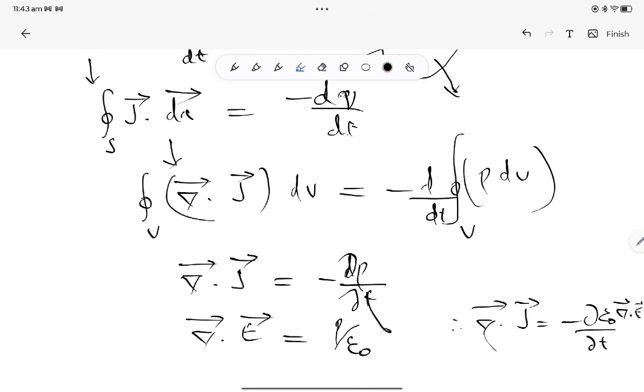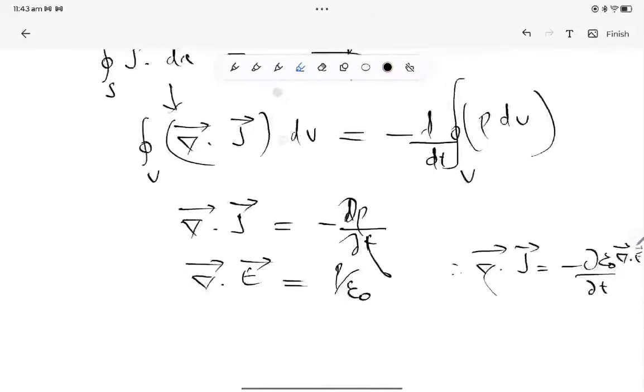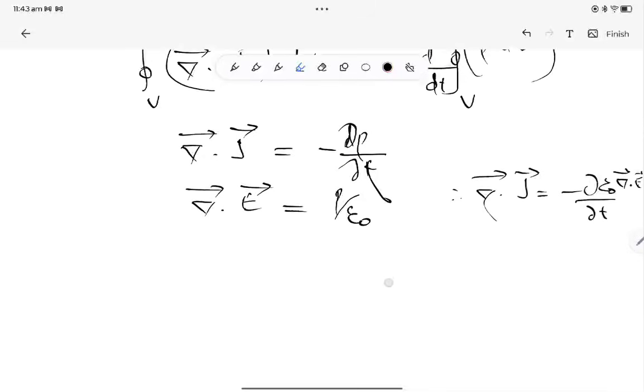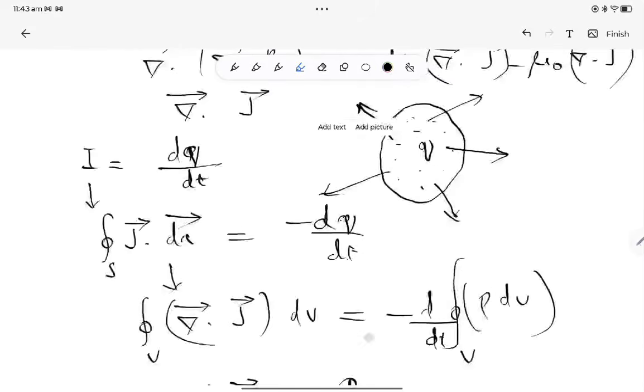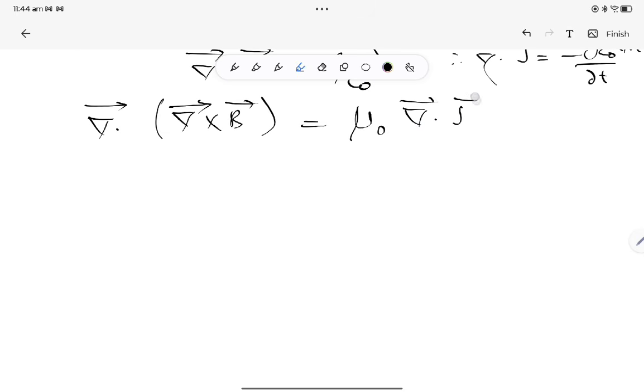So let us do one thing. Let us substitute this in place of this del dot J. Let us substitute this quantity there. If we do that, and keep this del dot J as it is, now we have del dot del cross B is equal to mu naught del dot J plus, now plus, why?